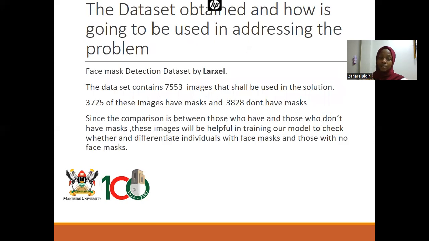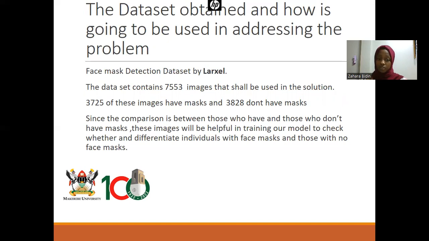The dataset that I obtained is called the face mask detection dataset, by Luxel, which contained 7,553 images that shall be used by AI to solve the problem. 3,725 of these images have masks and are labeled with mask, and those labeled without mask are 3,828 images.